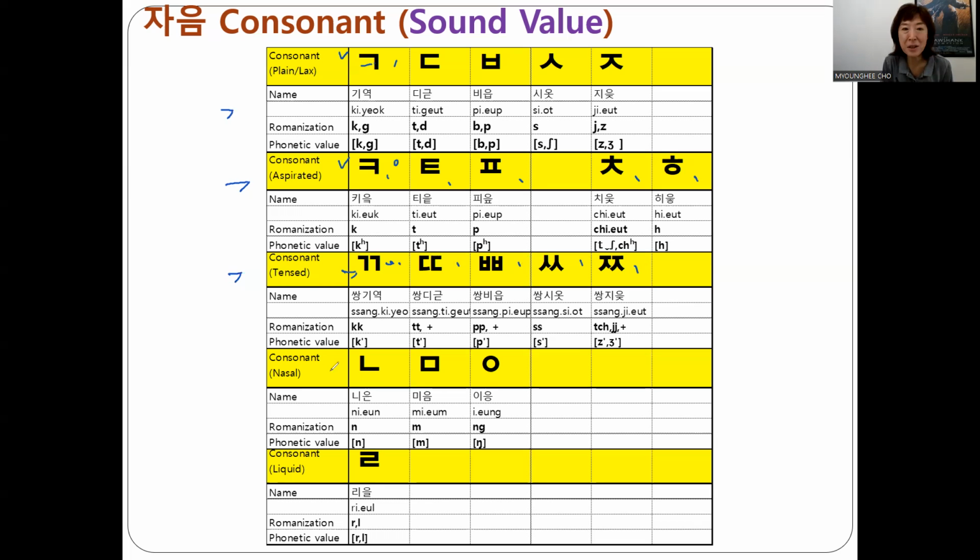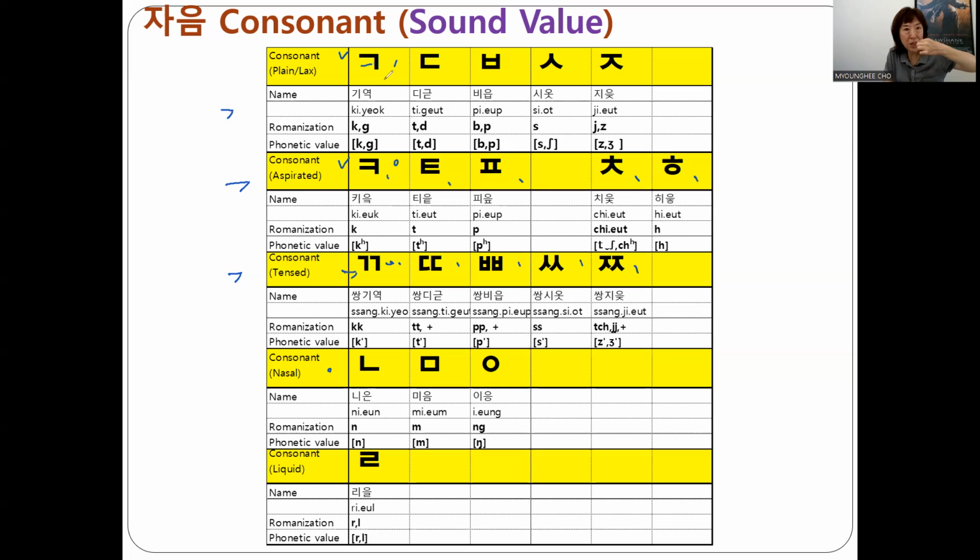Next group is nasal consonants. Listen to me carefully. 느, 무, 응. As the name says, the nose is involved in the production of these sounds. For example, why don't you try holding your nose?